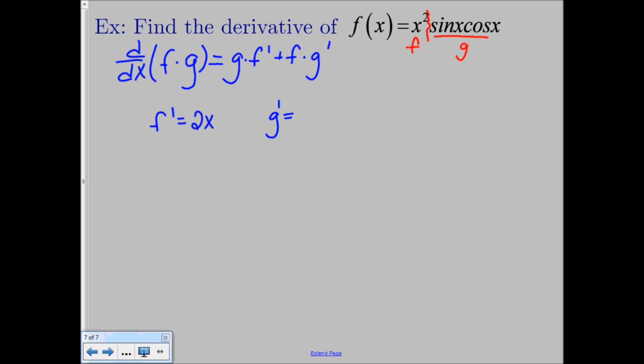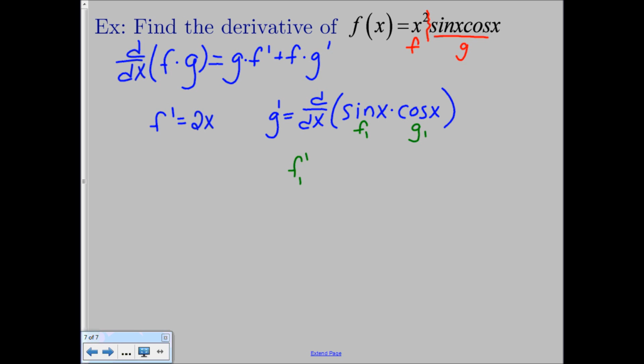So g prime is equal to this, which means that we have to apply our product rule again. So here, let's let little f be sine, and little g be cosine, and let's find this here, and then we'll plug in to find this first g prime. Maybe we'll put subscripts on these to differentiate them.